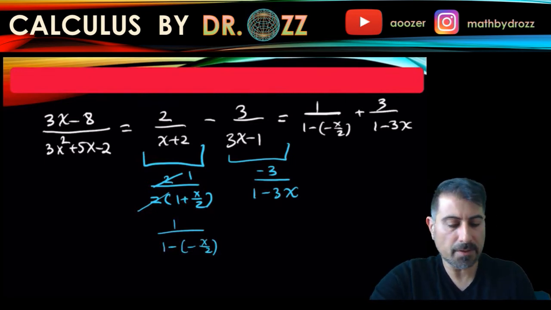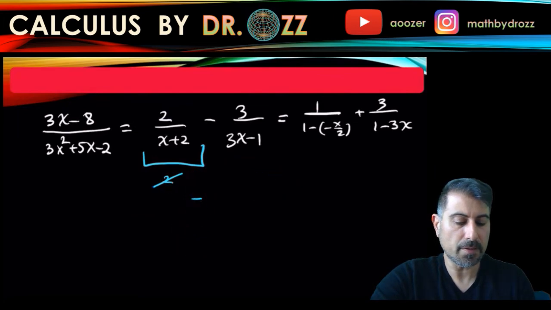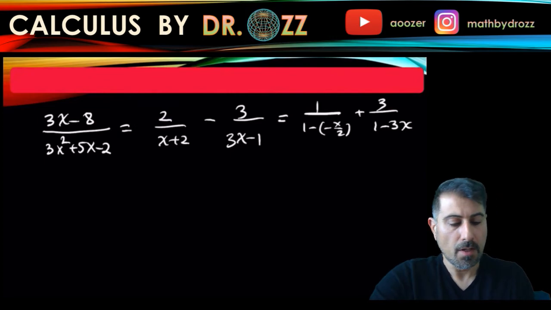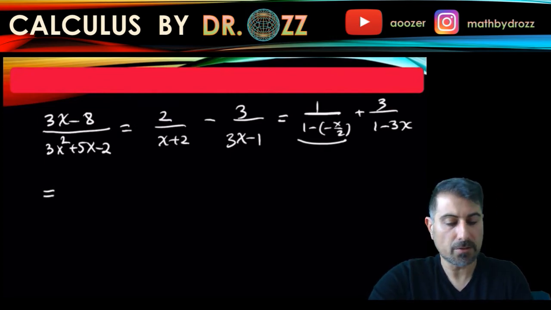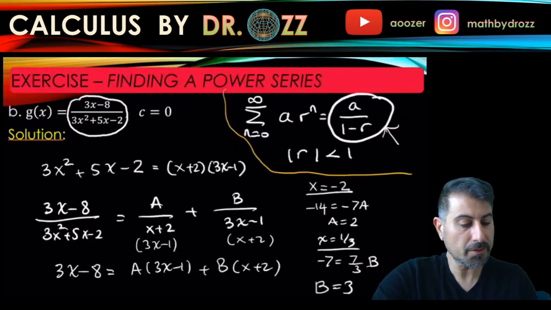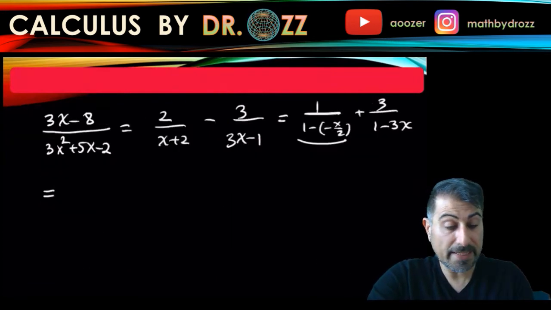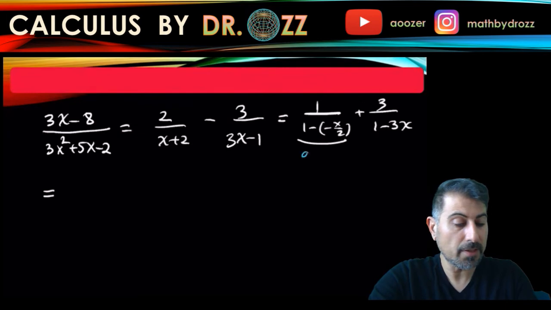Good, so I can get rid of this argument here to get some space. And the very first fraction here, in terms of the geometric series, is written as a times r to the n. There we go. And who is a again? Let's write that down too. a equals 1, r equals negative x over 2.